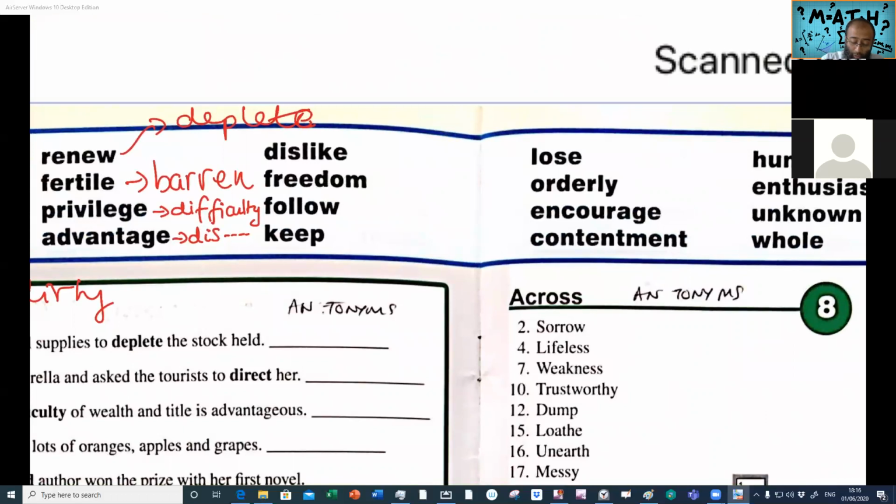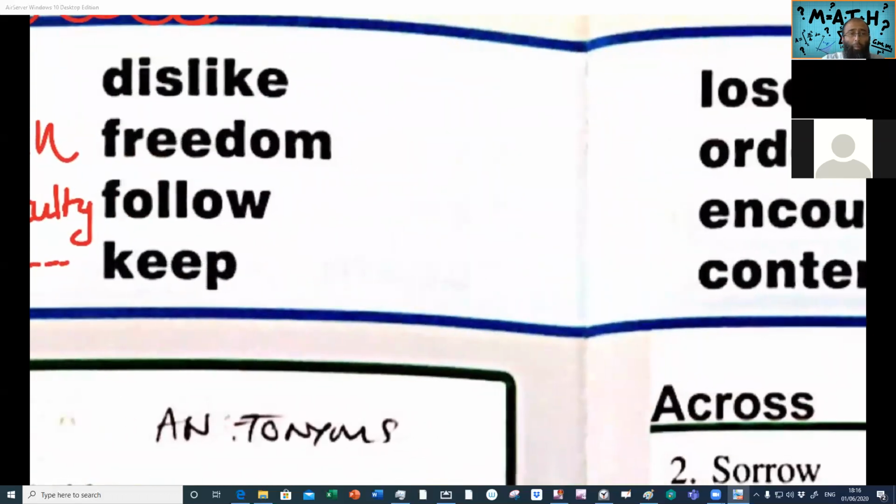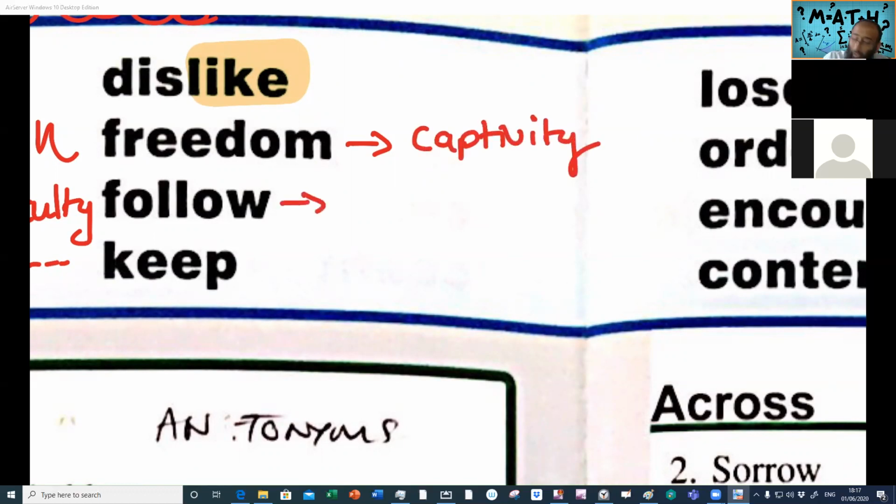Now, Iman, your turn. What's the opposite of dislike? Like. Good. What's the opposite of freedom? War. The opposite of freedom is captivity. It's like when you're locked up. What's the opposite of follow?